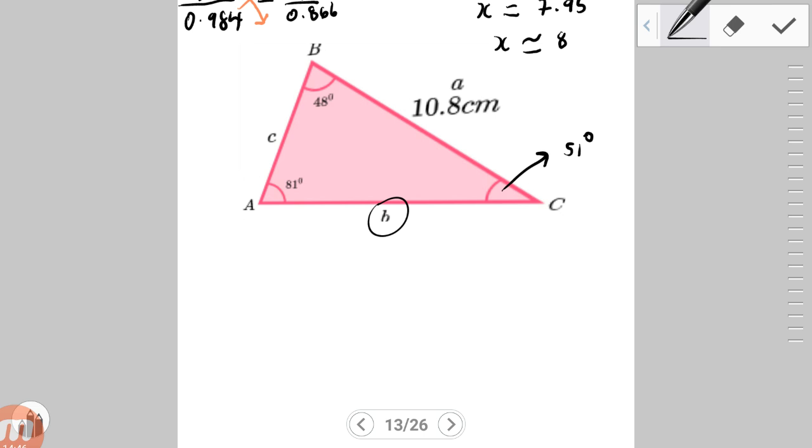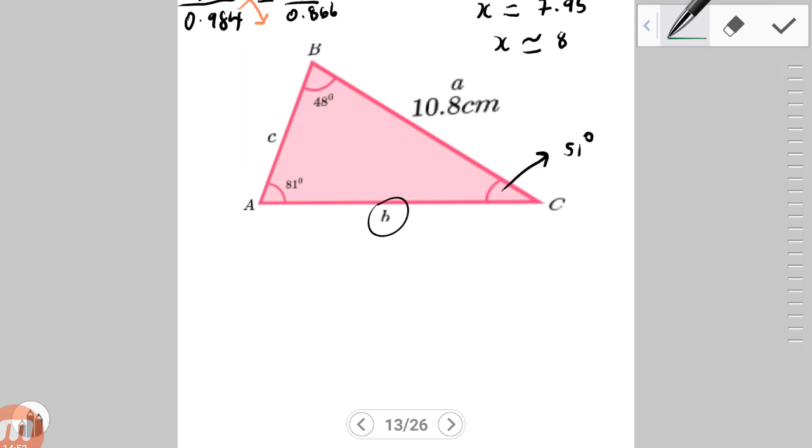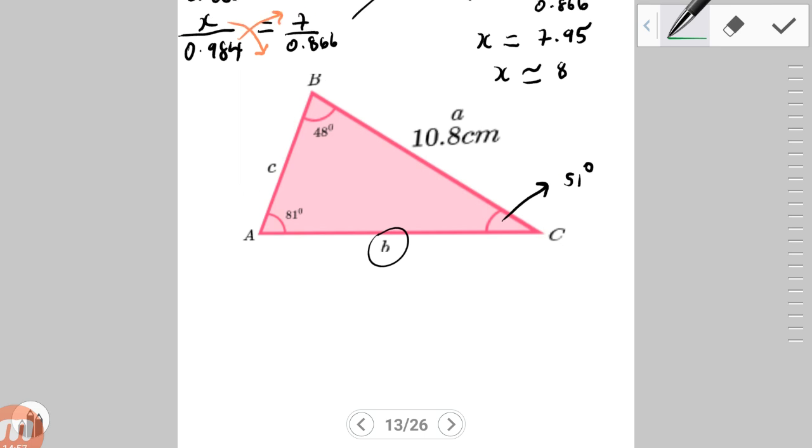Okay, so let's see if the criteria has been met. Now, in order for us to find a side on a non-right angle triangle using the sine rule, the side that we're trying to find, we must be provided with the angle that is in front of that side.